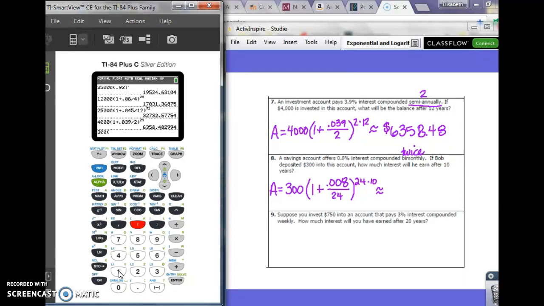So 300 and then 1 plus 0.008 over 24 raised to the 24 times 10, that's 240th power. I didn't get my 240 into my power, so let me key that in again.